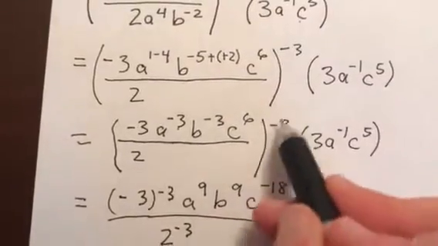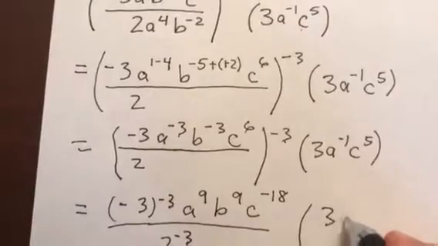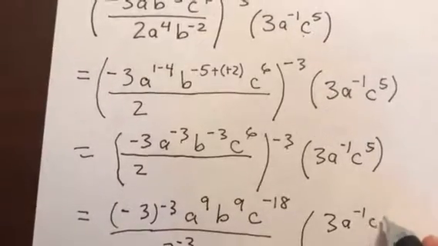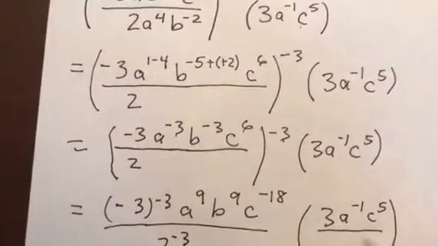So I've applied the negative 3 now to everything inside, and then I'm multiplying by 3a to the negative 1, c to the 5th. And to make this into a fraction, I could just put this all over 1.